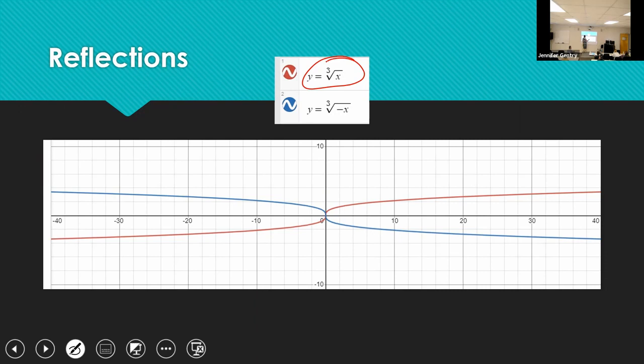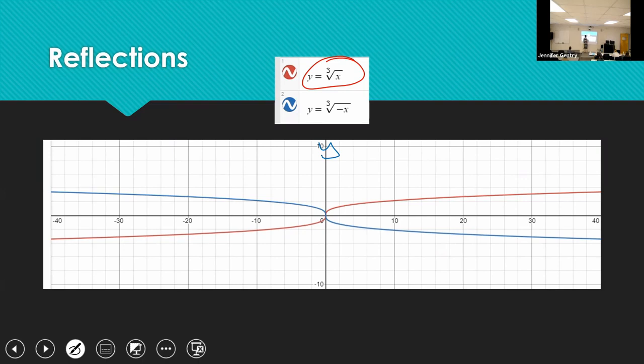Why? Because if I fold it here, the red is being drawn up there, and it's being drawn down there. I tried to make it a little bit more obvious with the color. Didn't work.